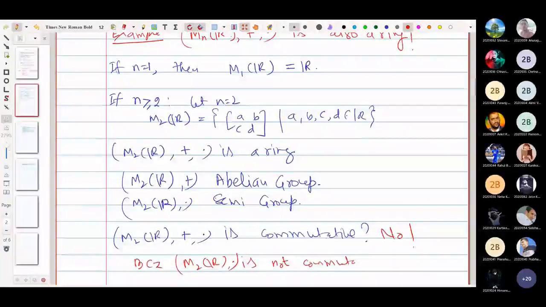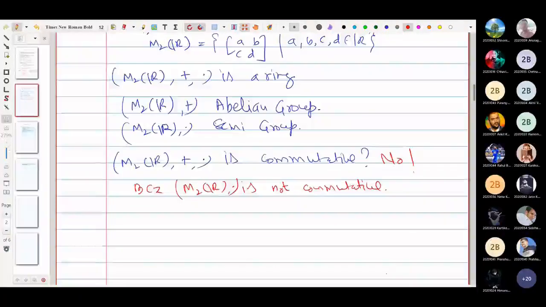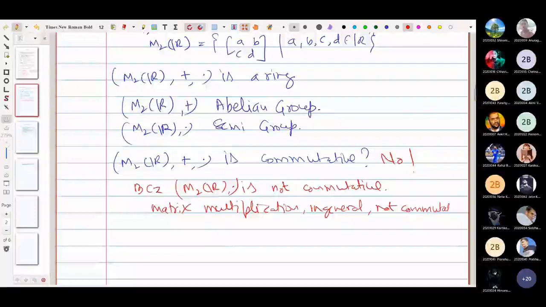When I write it like this, it means matrix multiplication is, in general, not commutative.